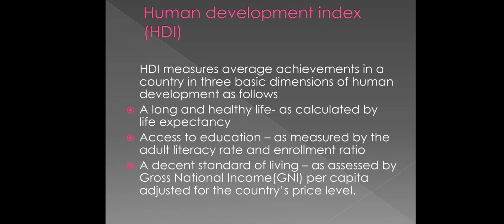Next, Human Development Index. The Human Development Index was developed by economist Mahbub ul Haq and introduced by the United Nations, and it measures the achievements in a country in three basic dimensions of human development as follows: a long and healthy life as calculated by life expectancy, access to education as measured by the literacy rate and the enrollment ratio, and a decent standard of living assessed by the gross national income per capita adjusted for the country's price level.